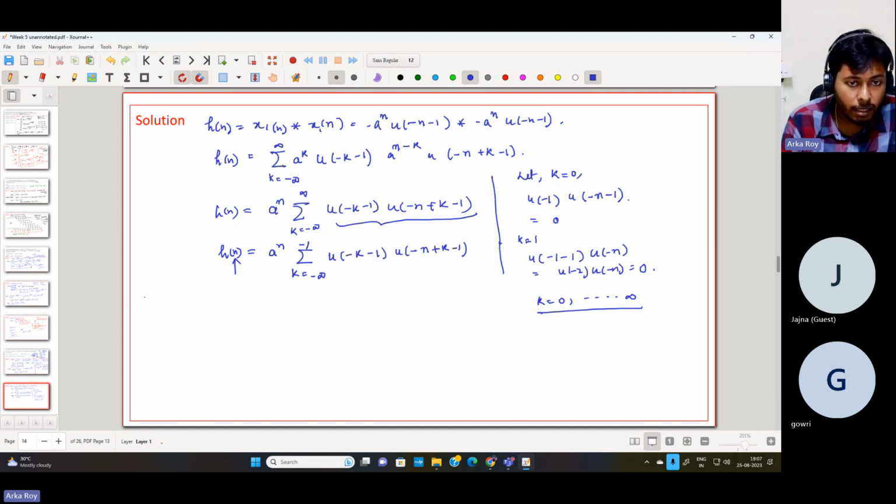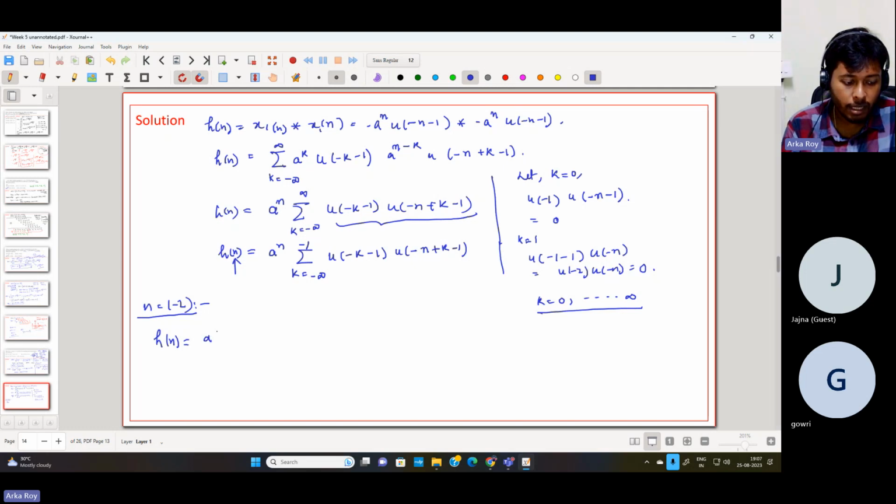For that matter, let us consider the case of n equals minus 2. So for n equals minus 2, I'm considering h of minus 2. I'm not writing h of minus 2 over here because I'm mostly bothered about what is happening inside this summation.